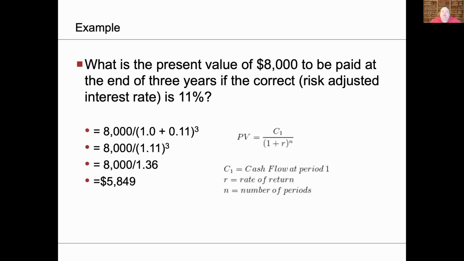Our denominator would be 1 plus the discount rate raised to the power of the number of years we'll be discounting, which will be 3. 1.11 cubed is 1.36. So that's our denominator. And so the answer is, if I'm going to pay you $8,000 in 3 years, and we use a discount rate of 11%, the present value of that money is $5,849.